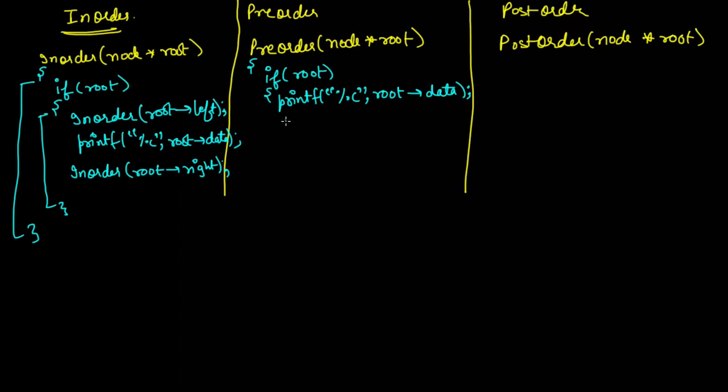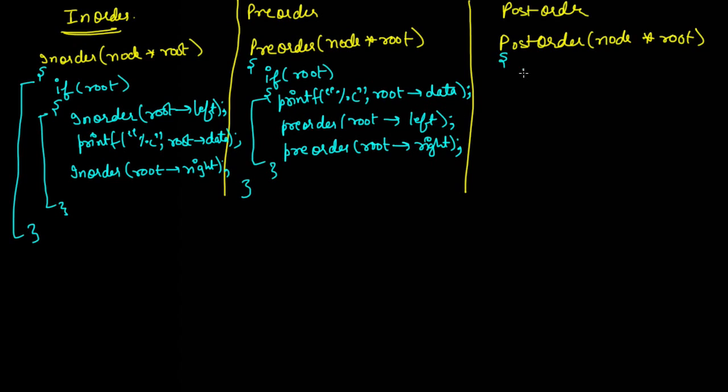Then we are going to do preorder(root->left), which is a recursive call, and then there will be one more recursive call, which will be preorder(root->right).